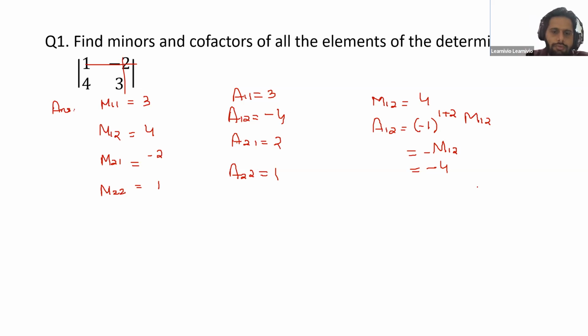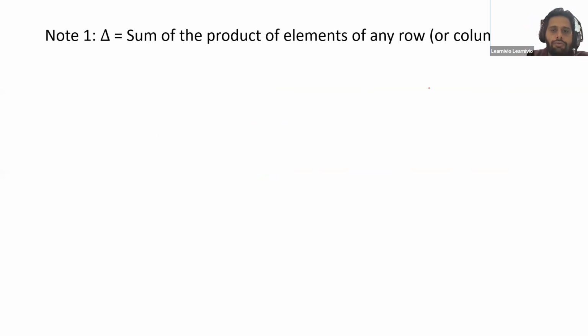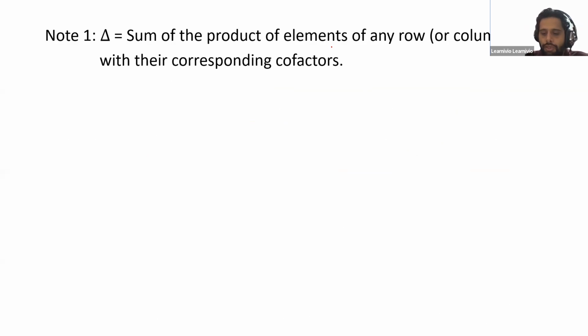Okay, good. Now please note down some notes. The first note is: the sum of the products of the elements of any row or column with their corresponding cofactors is equal to the determinant. What does this mean? The determinant is equal to the sum of the products of the elements of any row or column with their cofactors.